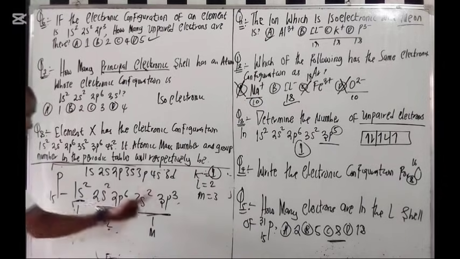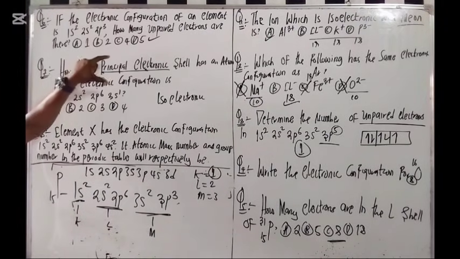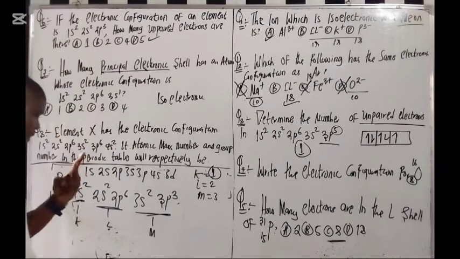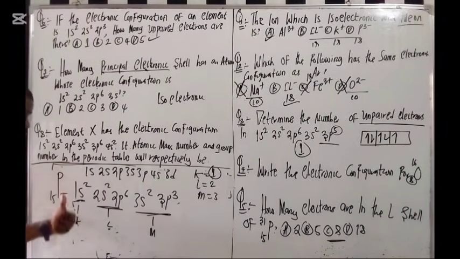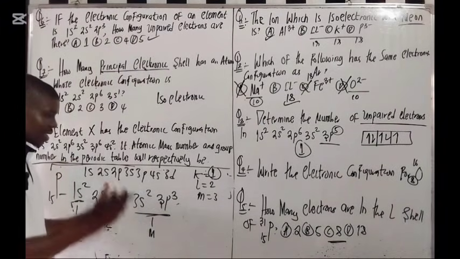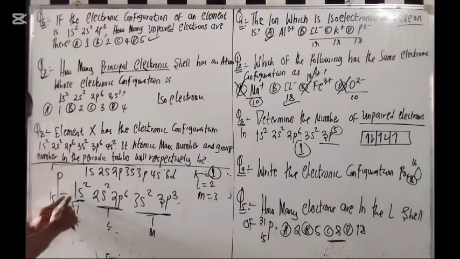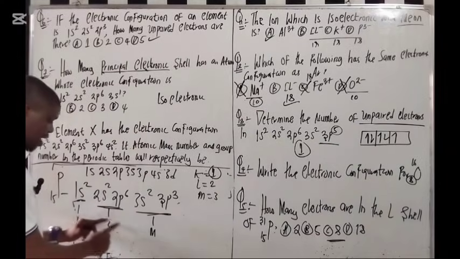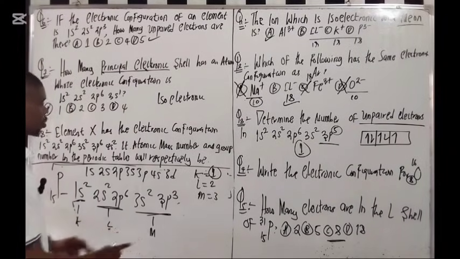Do you understand? So if we want to answer this question, we have 3 electron shells, because we have the K shell, the L shell, and the M shell.